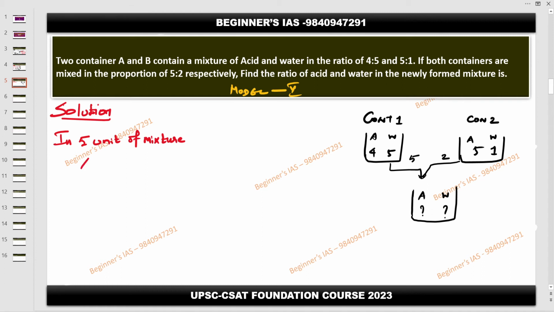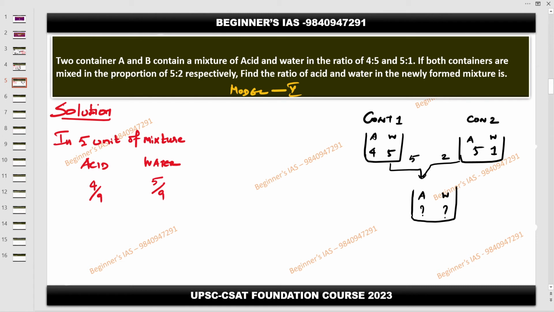So here acid is 4, total is 9, therefore acid is 4 by 9. Water is 5 by 9.